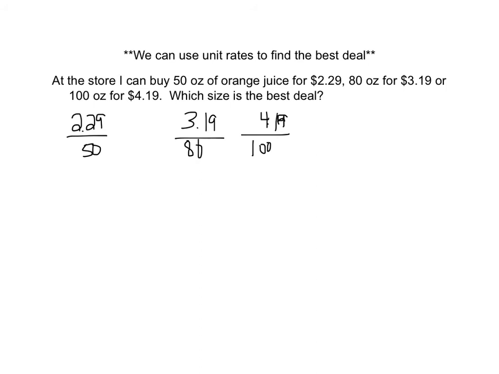Our first one's going to be $2.29 divided by 50. And this is what I would actually do when I go shopping, and comparison shop between items. So I'm going to do $2.29 and divide it among the 50 ounces. We find out that this ends up being 0.0458 dollars per ounce.